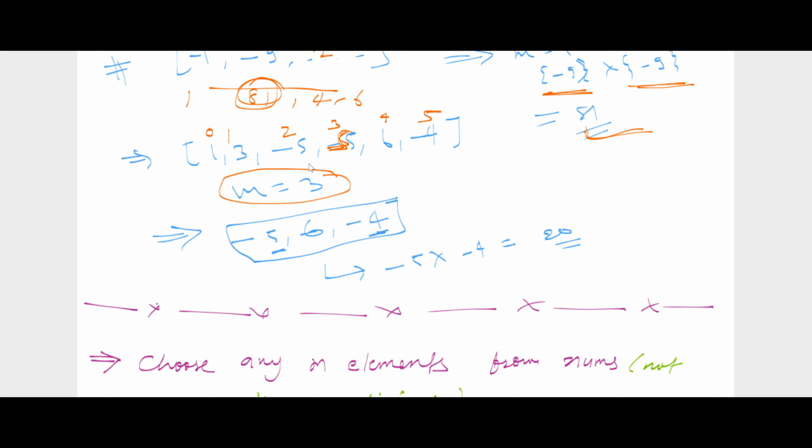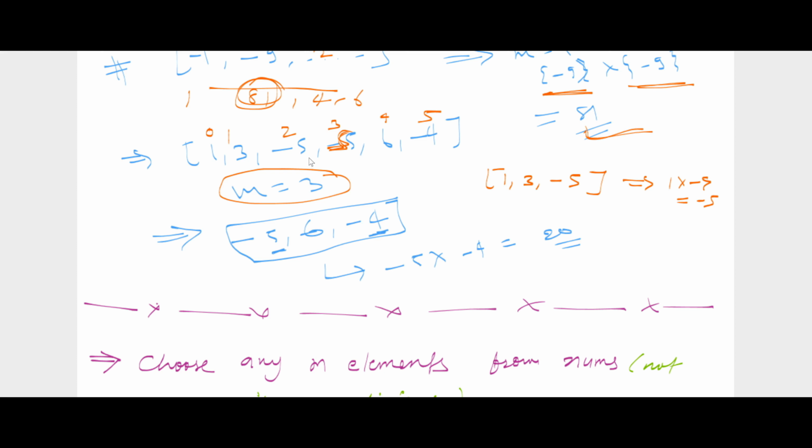This will be your first window because we start from 0. If we consider the product, 1 into minus 5 becomes minus 5. This is the minimum, not the maximum.